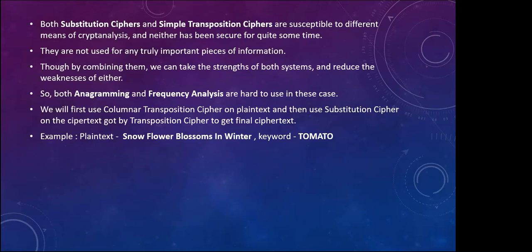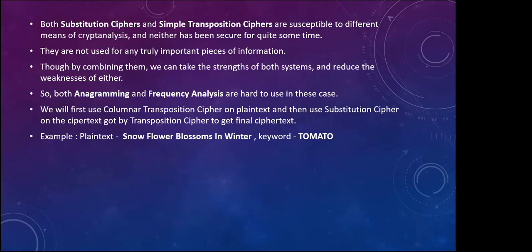If we understand them properly, once we have the skill of understanding the patterns in the cipher text, we can understand which type of cipher is used. So to increase the security, we can use a combination of these ciphers along with the simple substitution cipher.